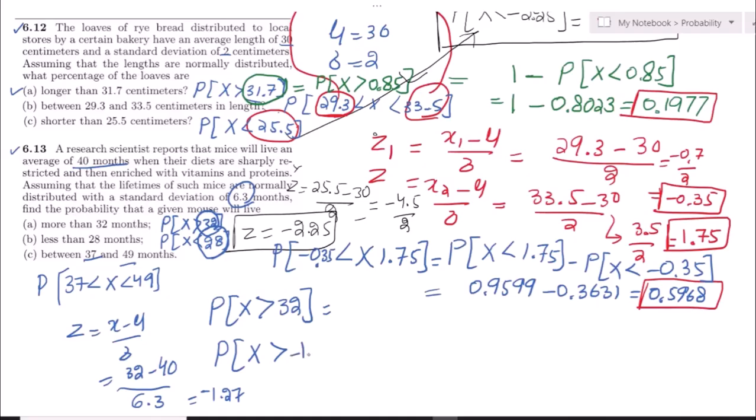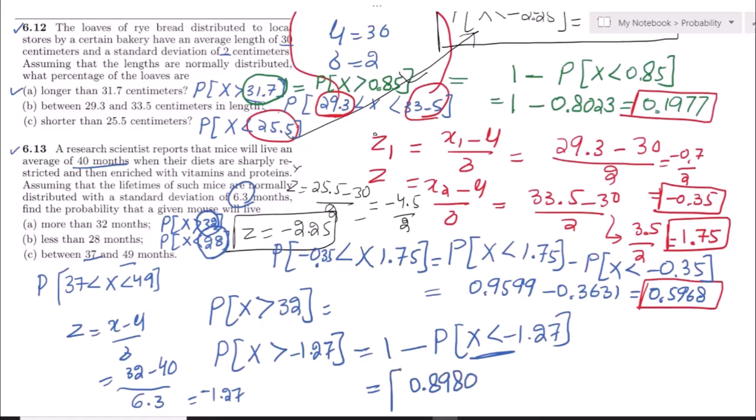In order to find it out, we will have to find the value for x less than minus 1.27, because the z distribution table is in terms of this one, and then subtracting it from 1, we will get the answer, that is 0.8980. Okay, so that is the solution of part A of my question.